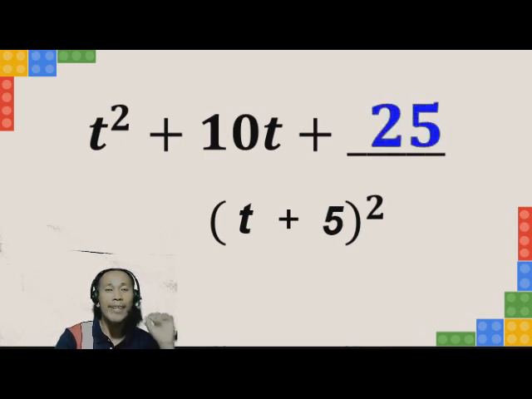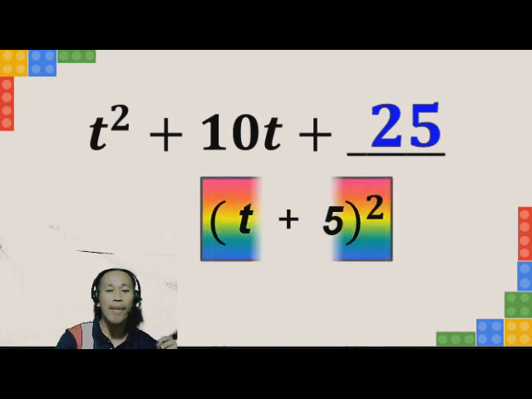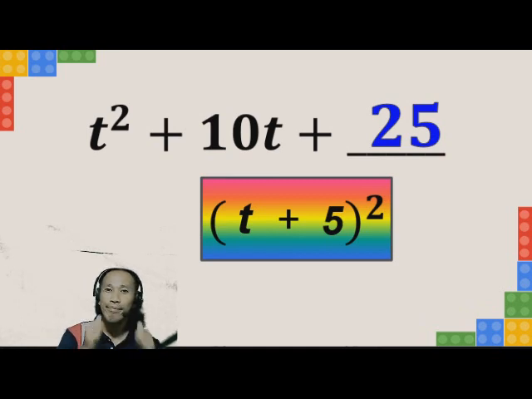Correct. So now, this is our trinomial or PST, t squared plus 10t plus 25. And then our square of binomial is t plus 5 quantity squared. I hope you get it.